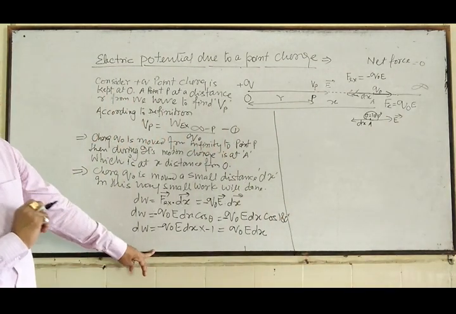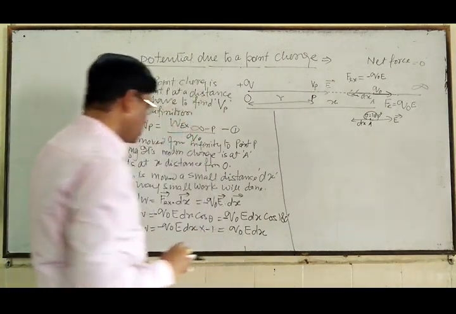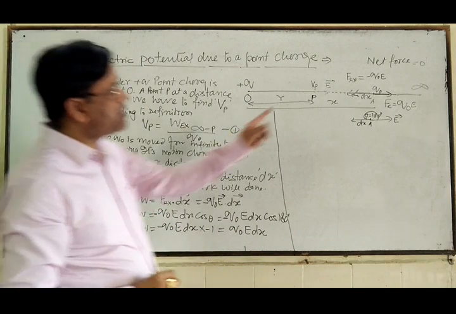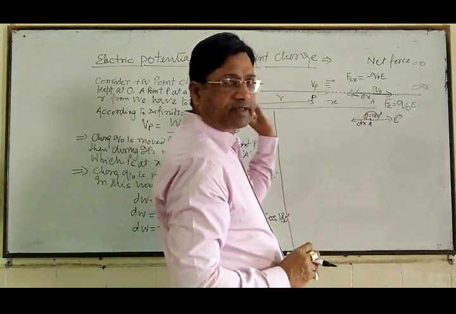Now small work done, we have got Q naught E dx. Okay, and here just see the dx is in the decreasing distance.